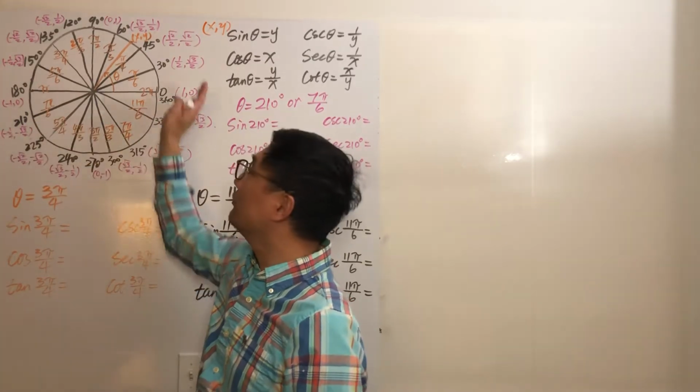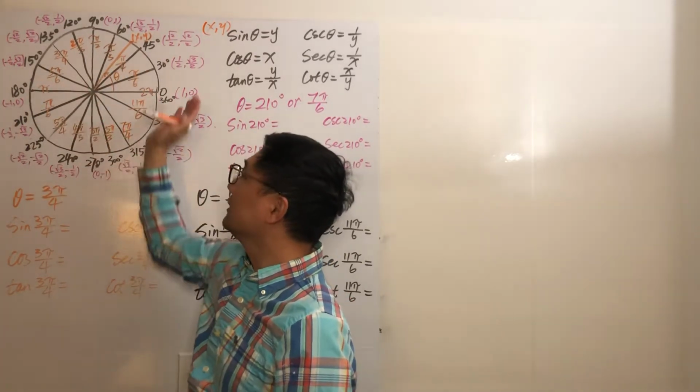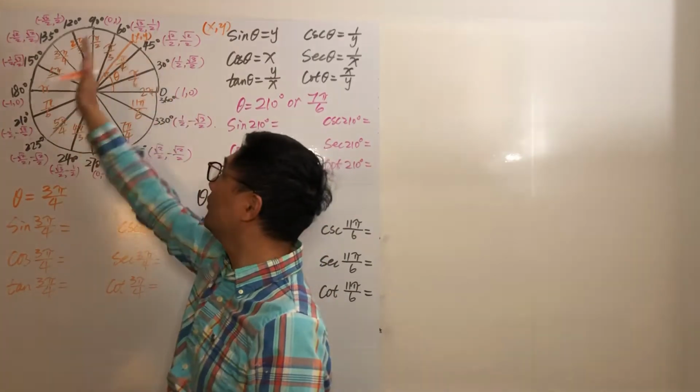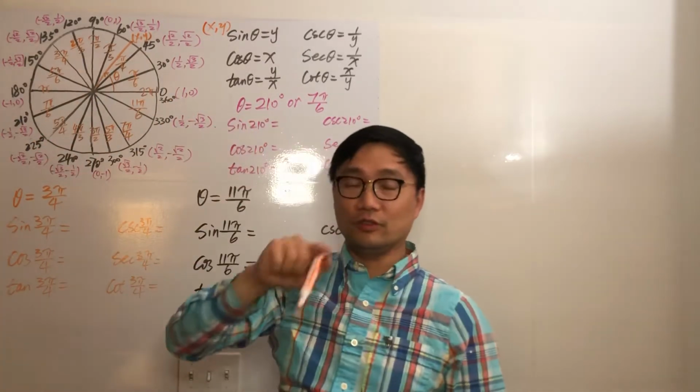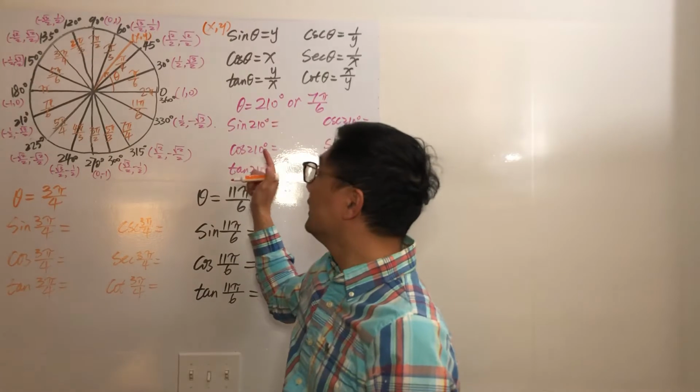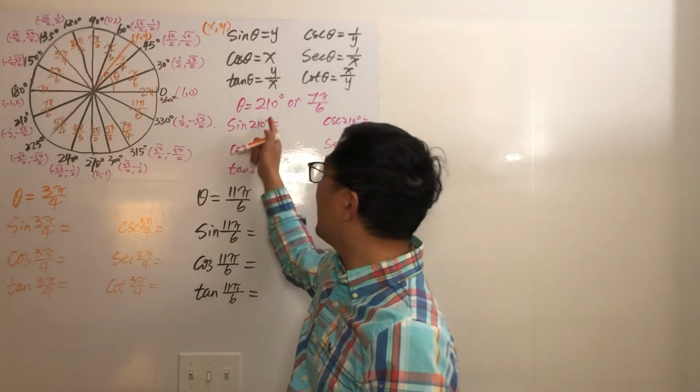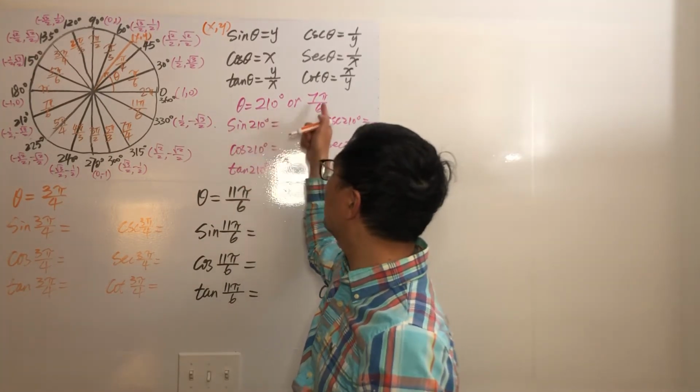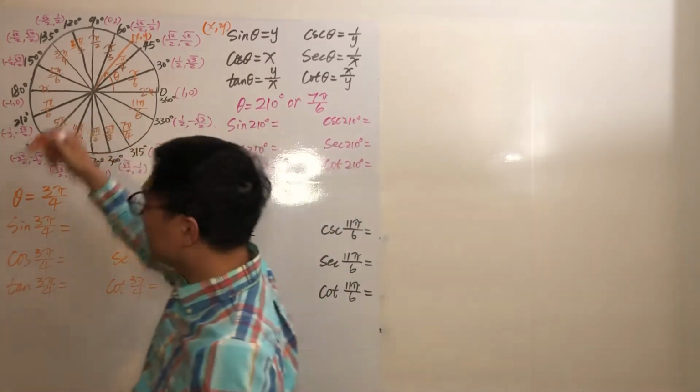You don't need to worry about that. I will give you the whole circle to find the value. So first step, find out where 210 degrees or 7 pi over 6 is. It is here.